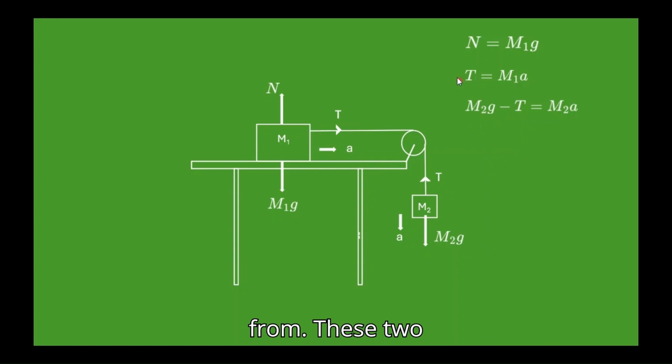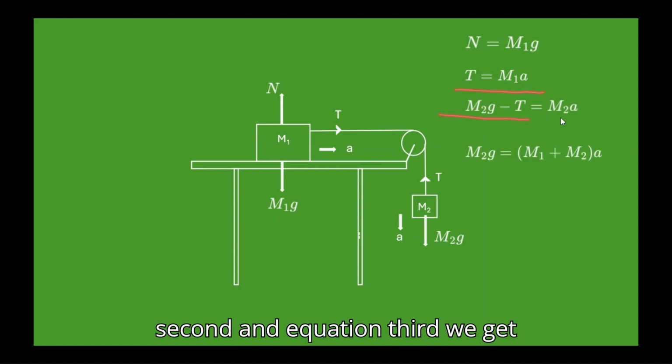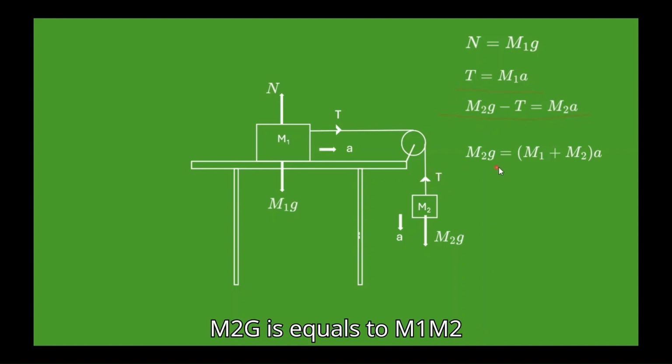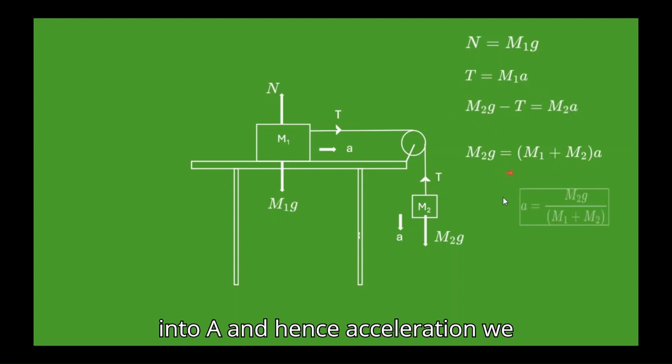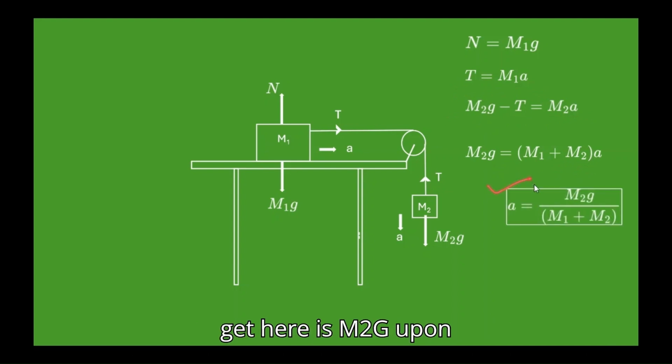Now, from these two equations, we can solve for tension and acceleration. For acceleration, solving the second and third equations, we get m2g equals (m1 plus m2) times a, and hence the acceleration is m2g upon (m1 plus m2).